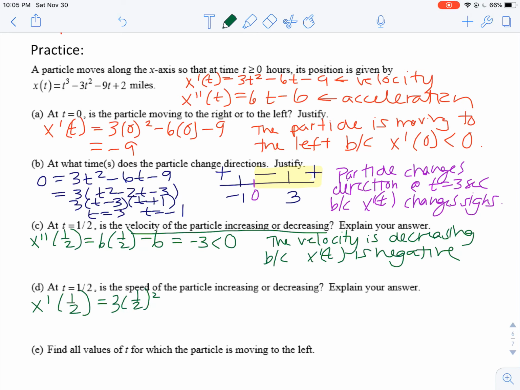So 3 times 1/2 squared minus 6 times 1/2 minus 9. And that is going to be some sort of negative number.